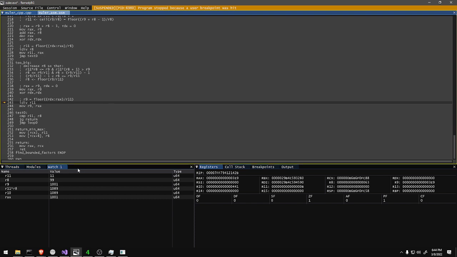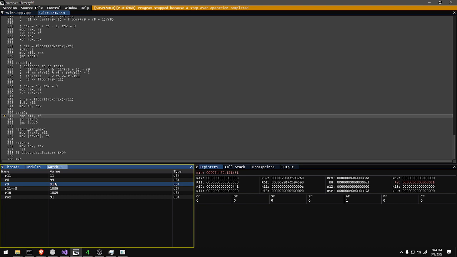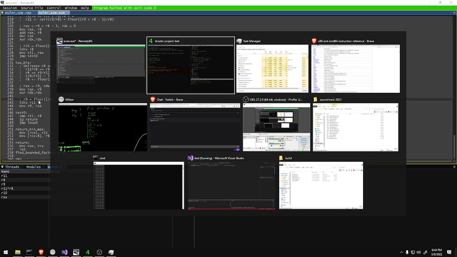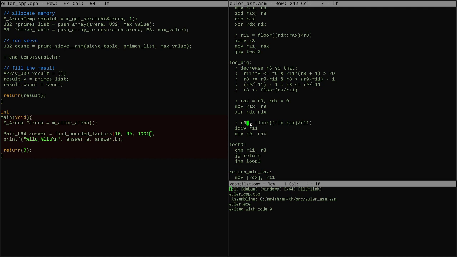So we get to this point, same thing as before, but now RAX will be, okay, it's 91. That becomes the new value of R9. R9? That's not right. That should be the new value of R8. We're changing the target. There's the bug.